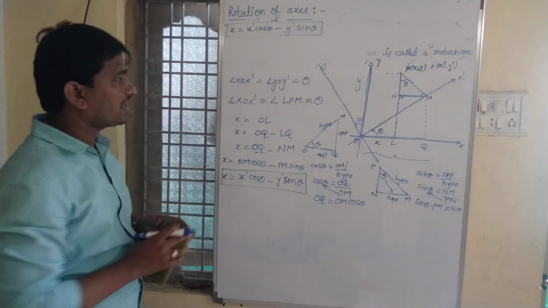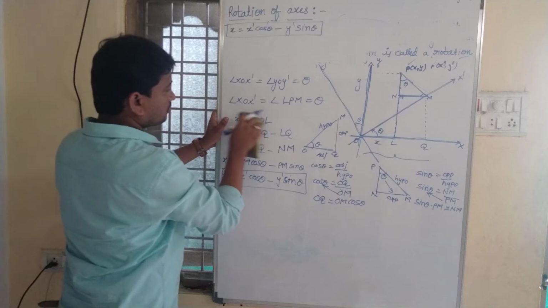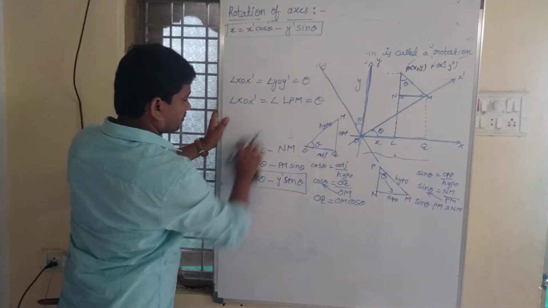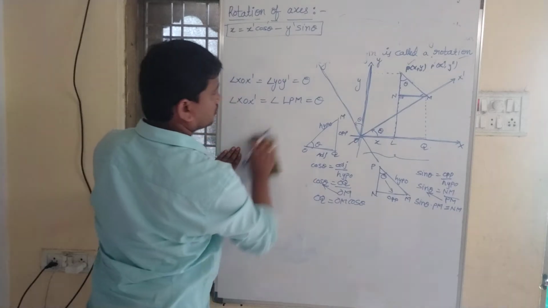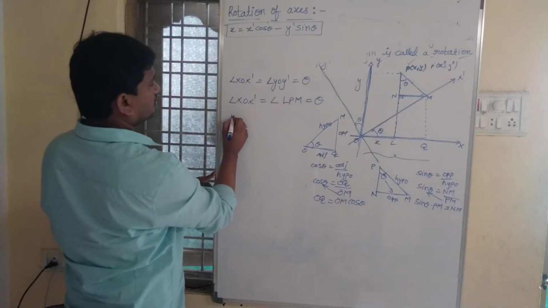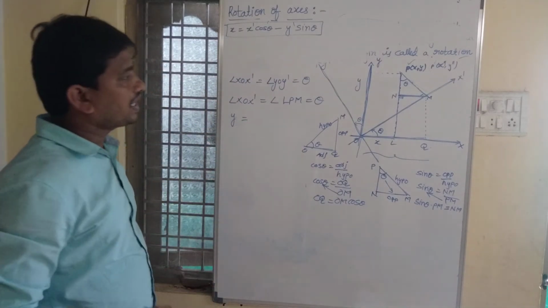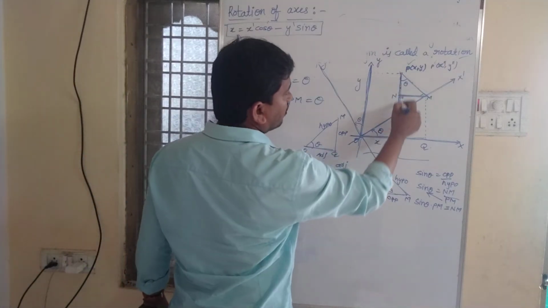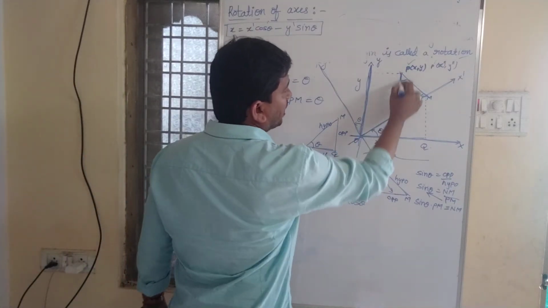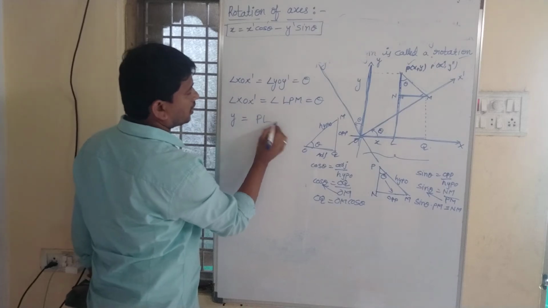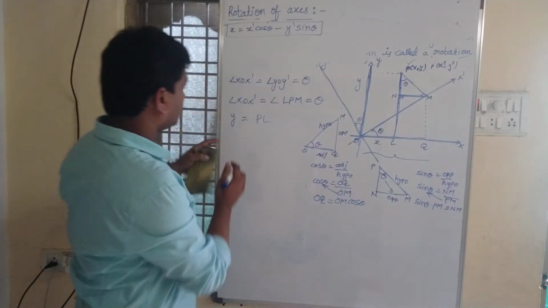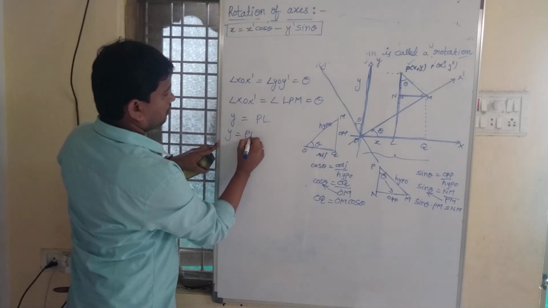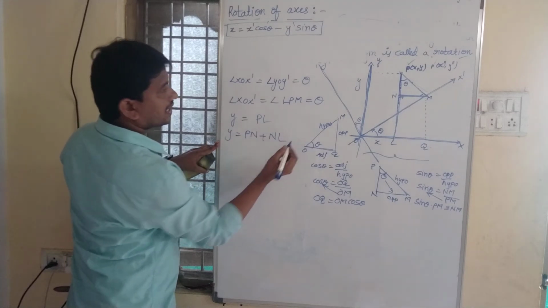Now let us find the y value. So what is y, children? y is the y coordinate PL, that is, y equals PN plus NL.